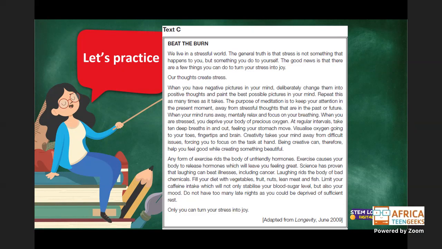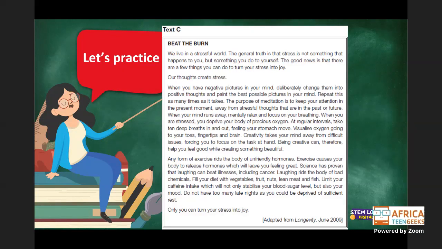When you have negative pictures in your mind, deliberately change them into positive thoughts and paint the best possible pictures in your mind. Remember, you can just jot down if you identify a point, as I continue to read. Repeat this as many times as it takes.